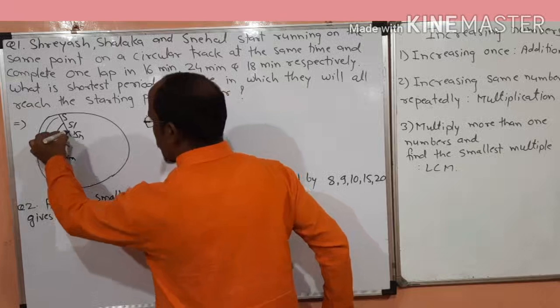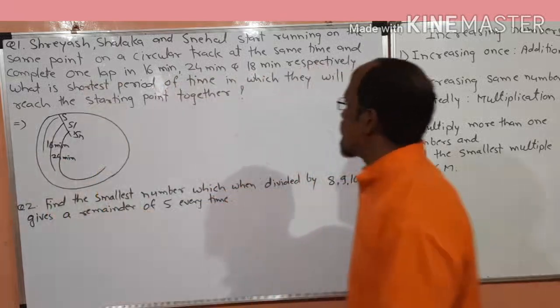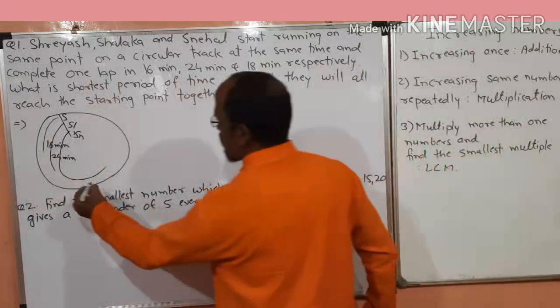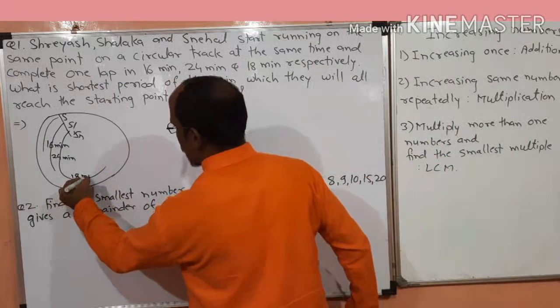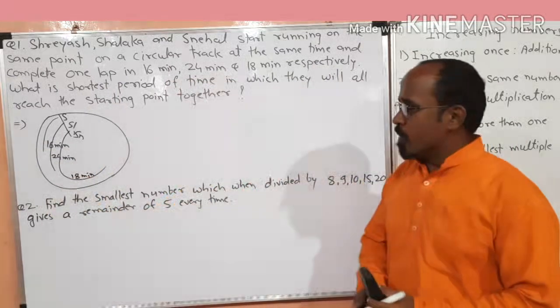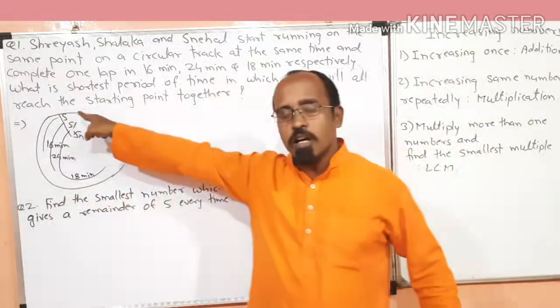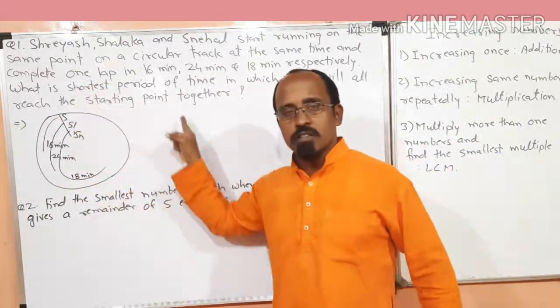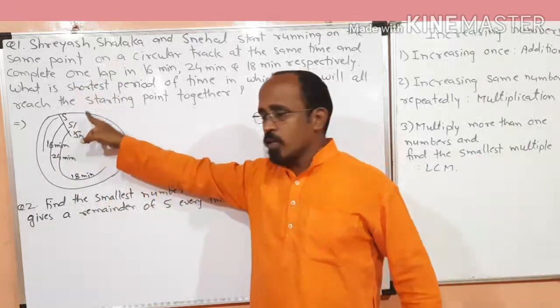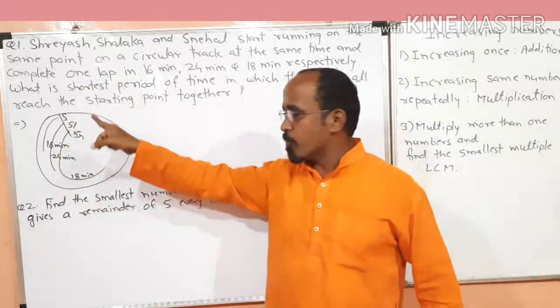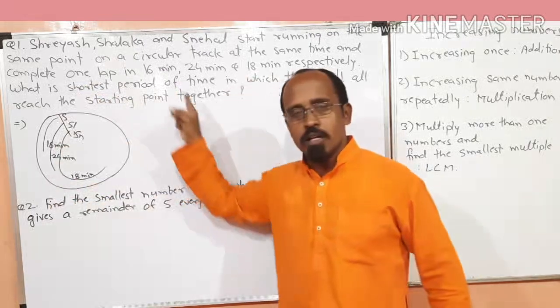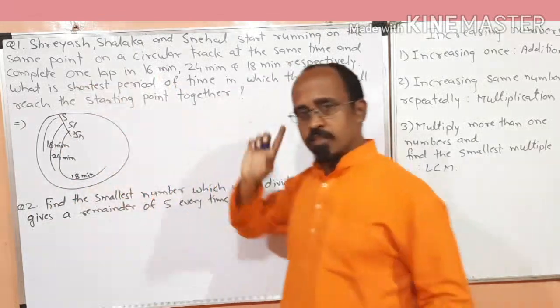And the third one, Snehal, completed one lap in 18 minutes. Got it, friends? Shreyas will reach the same point after 16 minutes, Shalaka after 24 minutes and Snehal after 18 minutes. Got it?